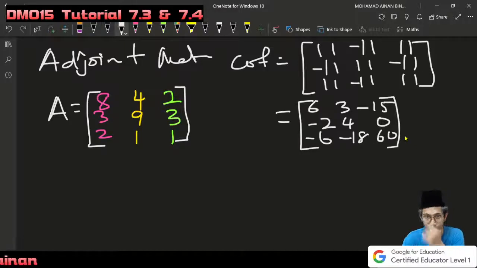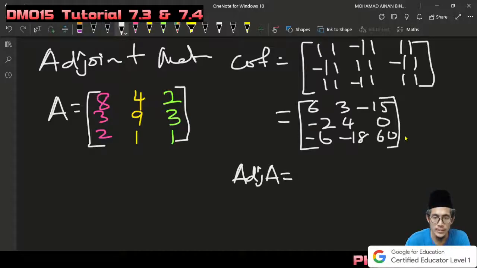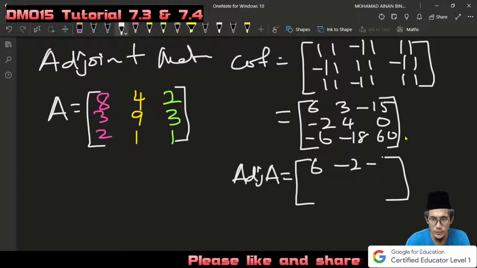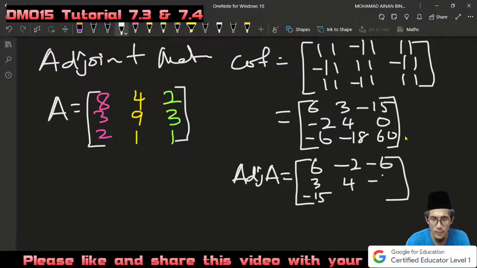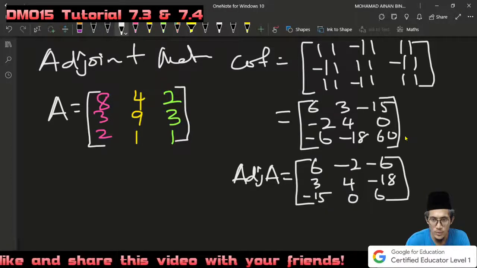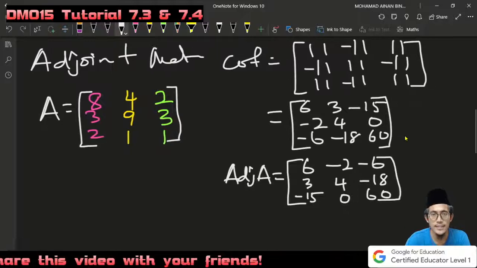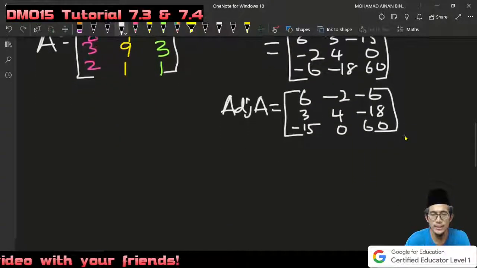This is the cofactor. Okay, and the adjoint of A is the transpose of it. So 6, minus 2, minus 6, 3, minus 15, 4, minus 18, 0, 60. This is the adjoint.